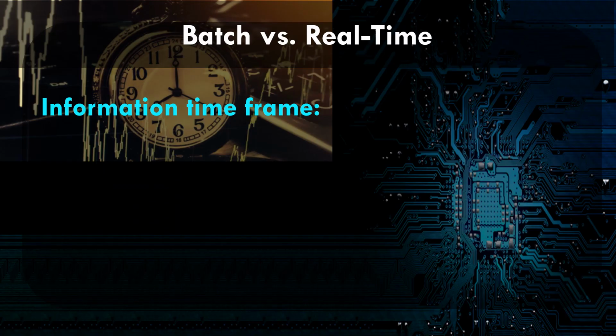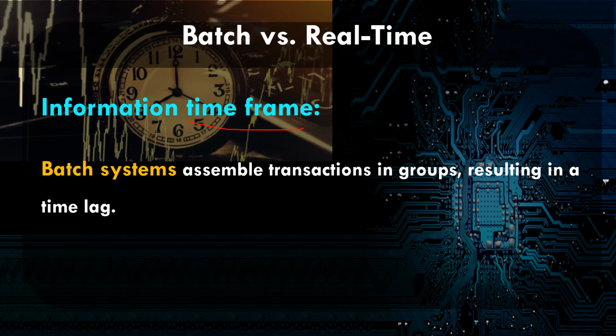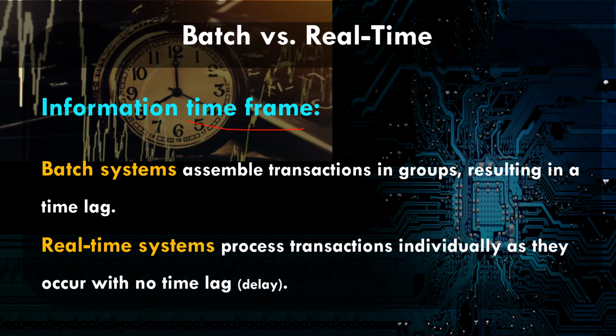So let's compare the batch and real-time approaches. In terms of information time frame, batch systems assemble transactions in groups, resulting in a time lag, and real-time systems process transactions individually as they occur, with no time lag or delay.